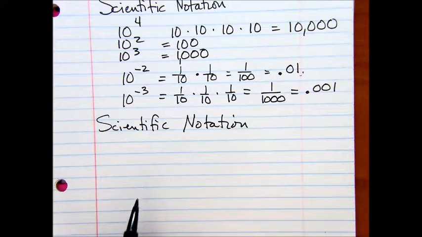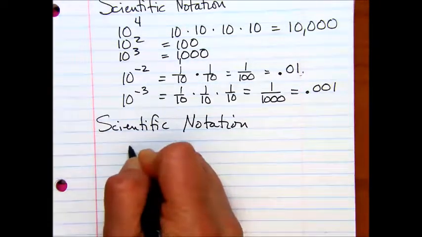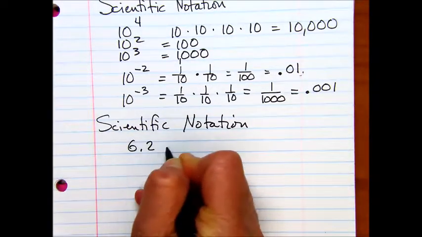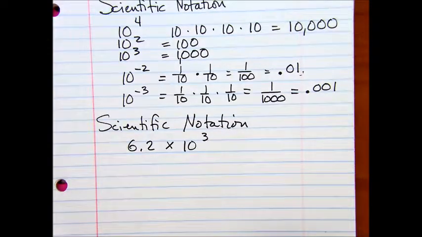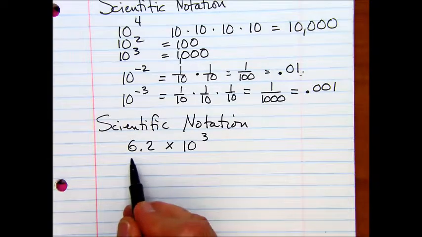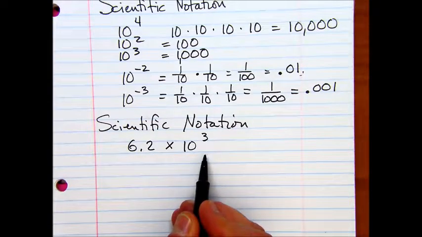Anyway, so let me give you an example of what scientific notation looks like. So you might have something like 6.2 times 10 to the third power. Okay, so this would be considered scientific notation.